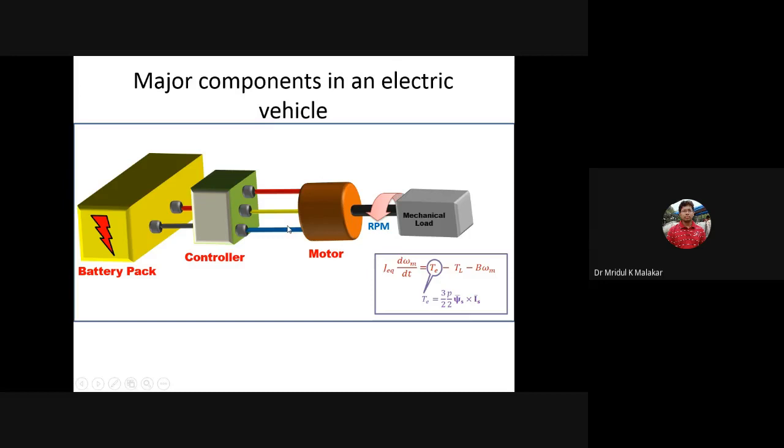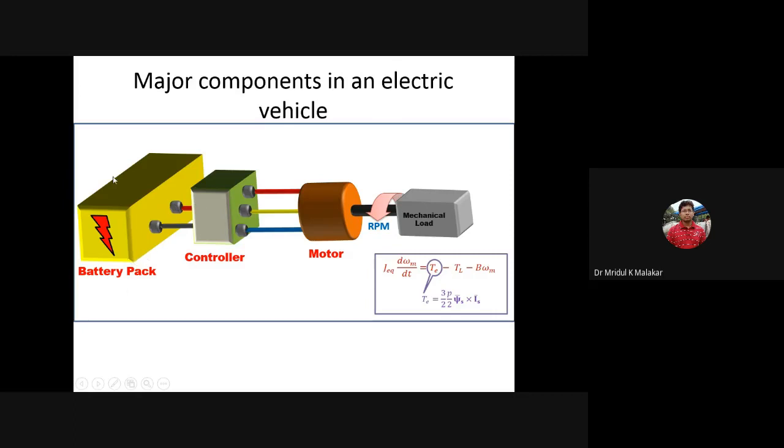Electric vehicle is just the term we are using, but if you observe, it is like this in mechanical robotics, any robotic arm, and any industrial drive. The battery pack makes it a standalone system.